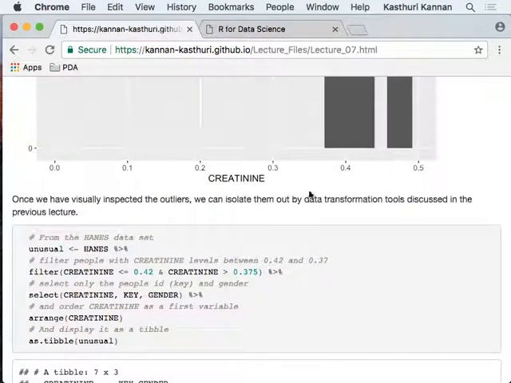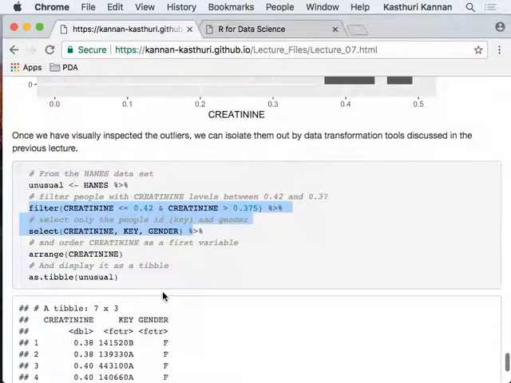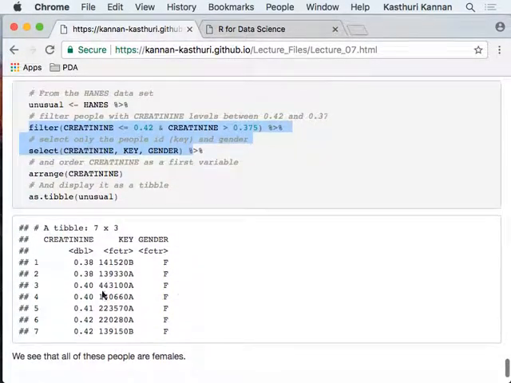Once I'm looking at it, I have an outlier here, and the value is around 3.75 to 4.2. You can immediately query this. You can take the NHANES data set, filter for these variables, select the key and gender, and then plot it. Once you do it, I see that it's all females here.